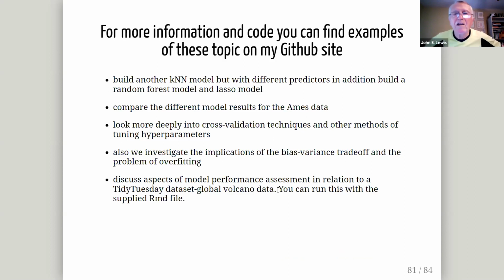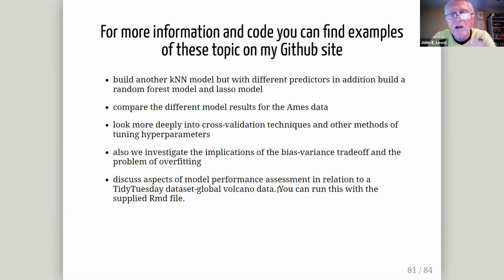I have added additional information to the presentation: if you go to OpenGeoHub slides 2, you will find a more sophisticated nearest neighbor model with many more predictors and many more pre-processing steps. Along with that, I build a random forest model and a lasso model, and I compare the results of these 3 models.